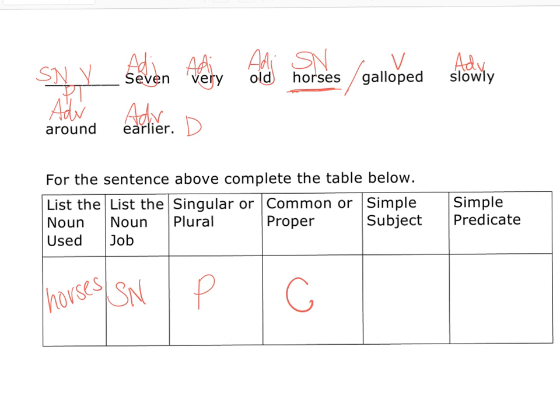So in this case, underneath simple subject, I'm going to write horses. And then my last column asks for the simple predicate in the sentence. Remember, simple predicate is just a fancy way of saying the verb, the action that took place in this sentence. And so in this sentence, my action is galloped.